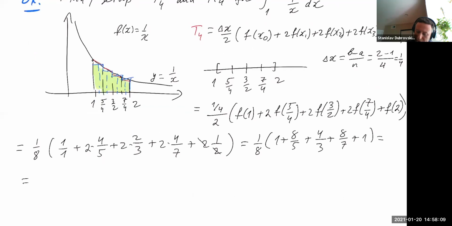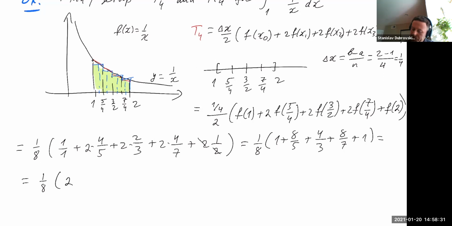So let's finish the calculation. I have the calculator nearby, but unless it says find approximately, then usually you expect to find the exact value. So you have 2. What's the common denominator between 5 and 3 and 7? Looks like they're all primes, right?